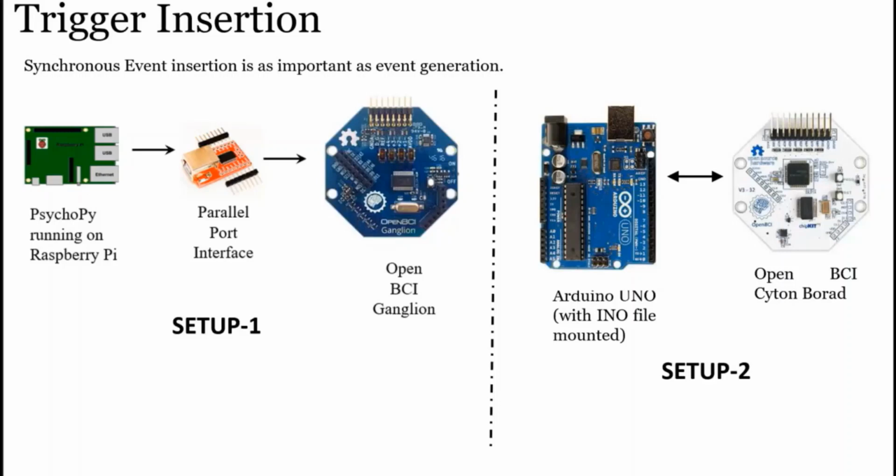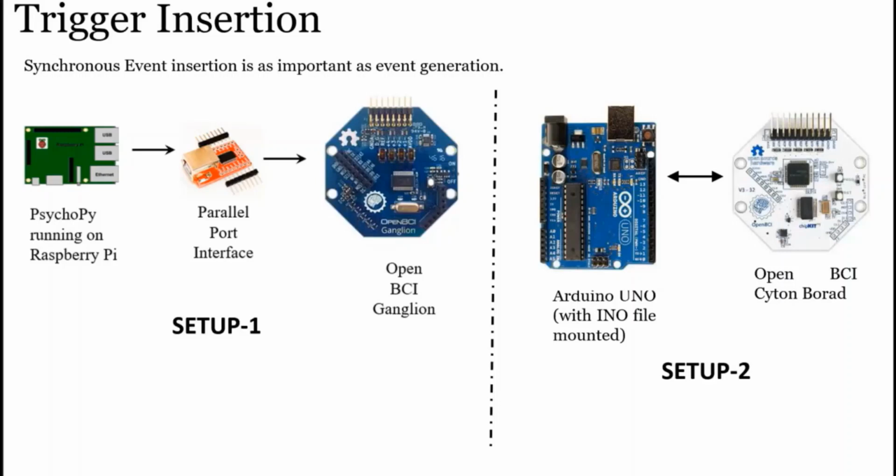So far you have seen how to generate a stimuli, but event insertion is an equally important phenomenon, and it should be taken proper care of, otherwise your entire experiment may fail if your triggers are not inserted properly. Very important thing. These are just two setup examples provided by me.